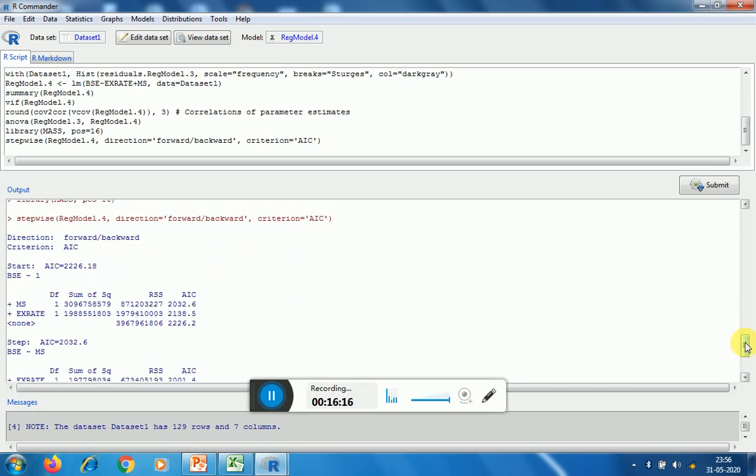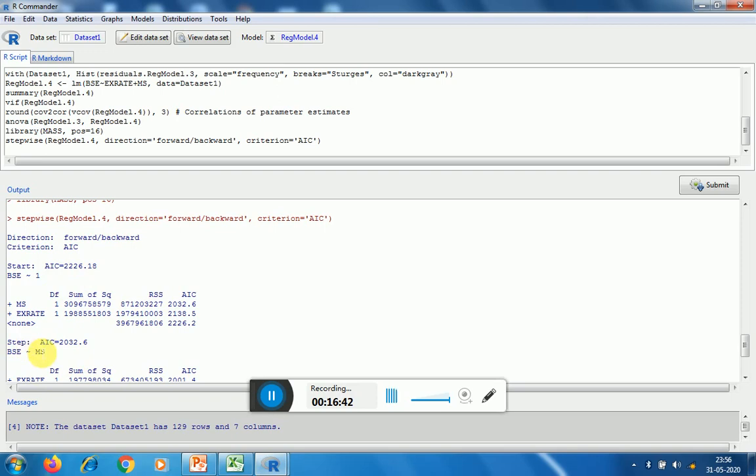Now in stepwise, initially only intercept value is considered, and when only intercept value is considered, the Akaike information criteria value comes to be 2226.18. This must be as low as possible. So at the beginning we are getting this value as 2226.